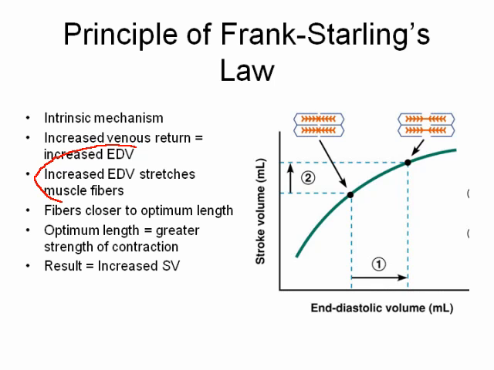So the increased end diastolic volume stretches the muscle fibers, and this is going to bring them closer to optimum length, going to give greater strength of contraction. And the result is that a small change in volume coming in produces a bigger amount of stroke volume going out up to a certain point.